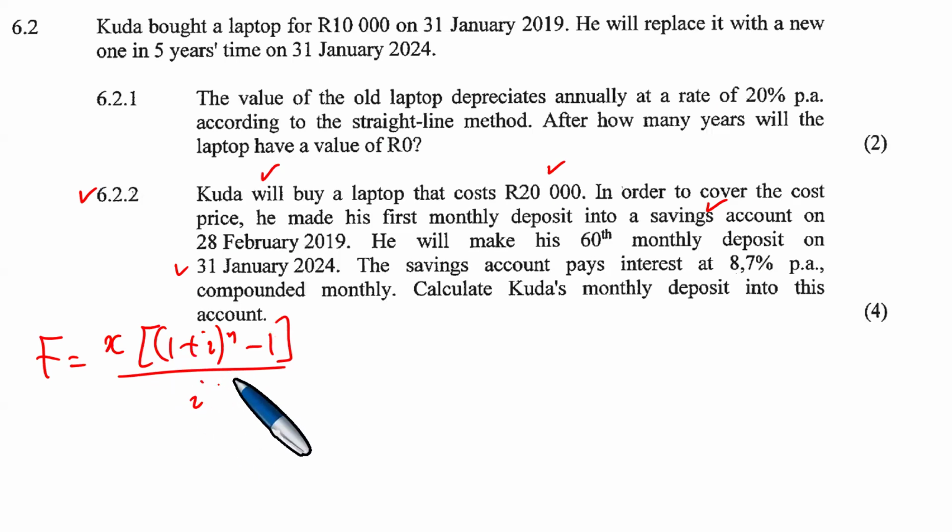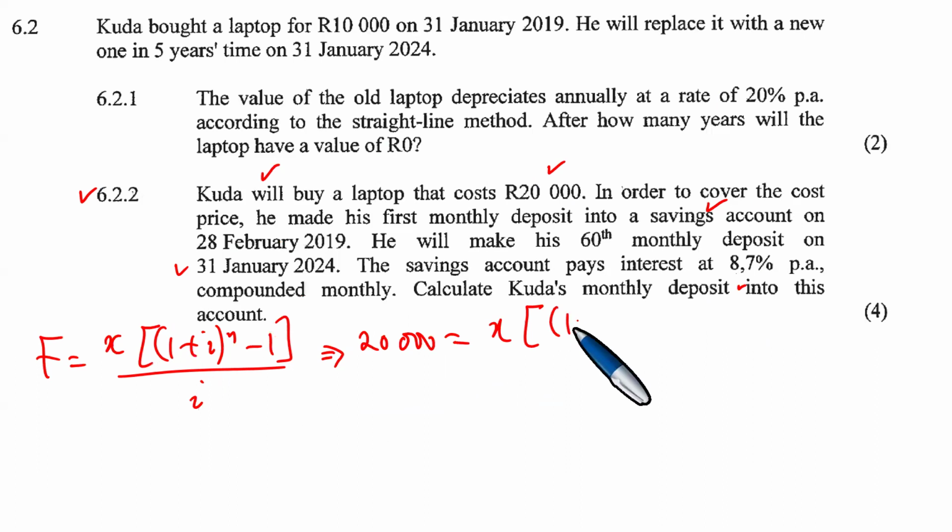We're dealing with the future value, so in the future he wants to have 20,000. Because we want to calculate Kuda's monthly deposit, we want to find x, the monthly deposit.